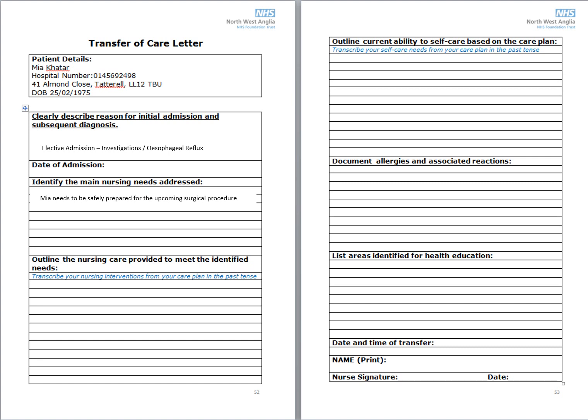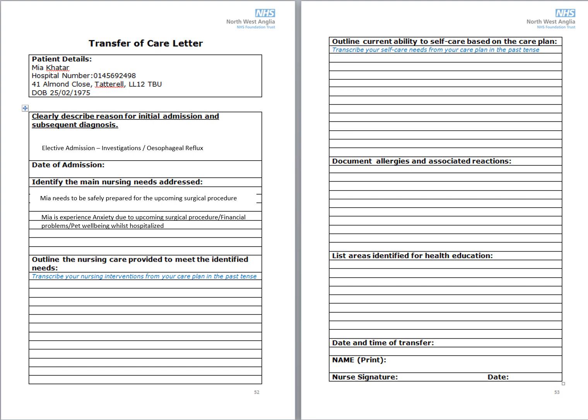We are then going to identify the main nursing needs addressed. So these are the nursing problems that we picked on and that we wrote about on our care plan. Mia needs to be safely prepared for a surgical procedure, and Mia is experiencing anxiety due to the upcoming surgical procedure. Now, the little caveat here is that this transfer of care letter is post-op and it's going to go to the discharge lounge.